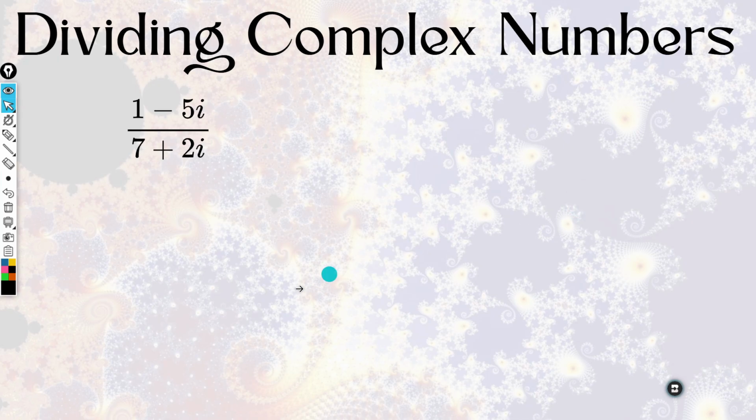So now let's get into dividing. So when we're dividing complex numbers, you're going to again work with the conjugate. So you're going to find the conjugate of the denominator. So 7 minus 2i. And you're going to make that as you're multiplying it over itself. So we're multiplying by the conjugate over itself.